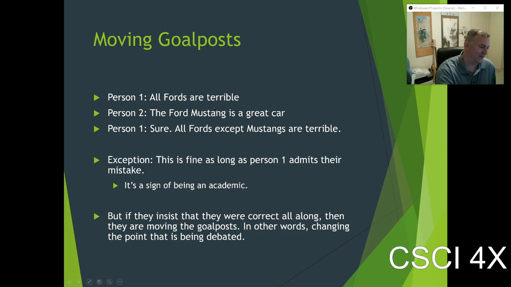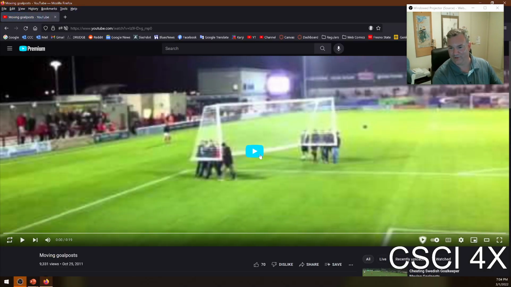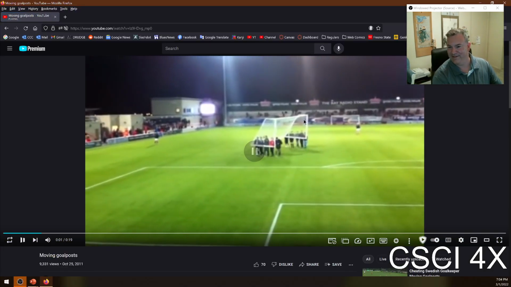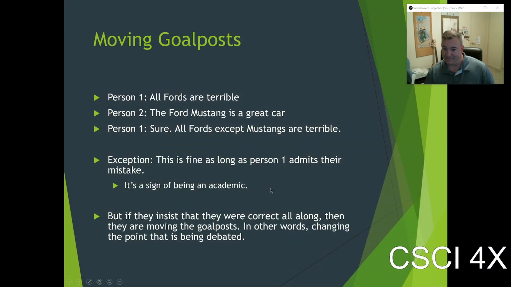You can find videos on this. Yeah, there you go. So moving the goalpost, right? So you're wrong, and then you just change the target after the fact. And it's good to admit you're wrong, right?